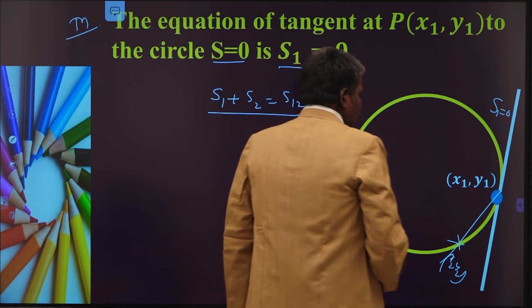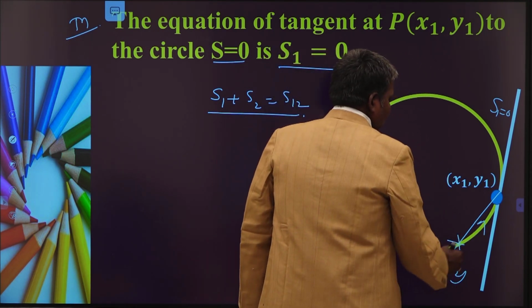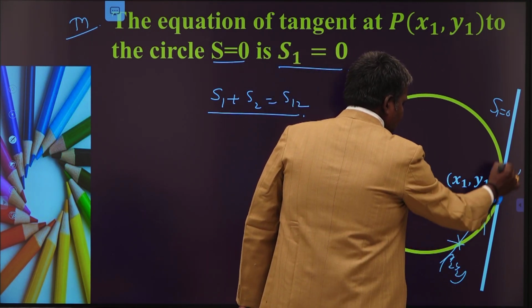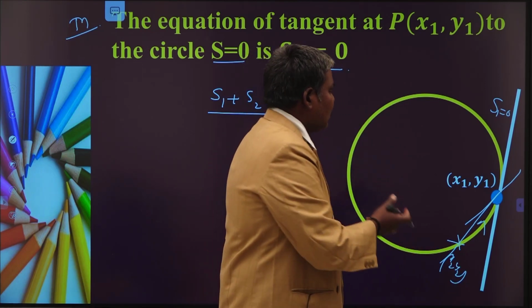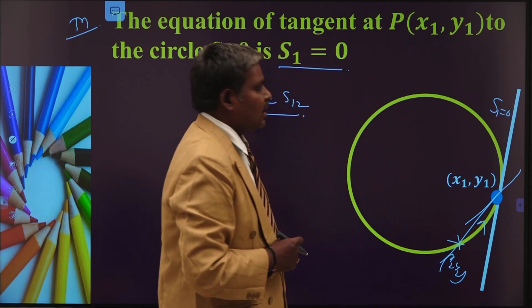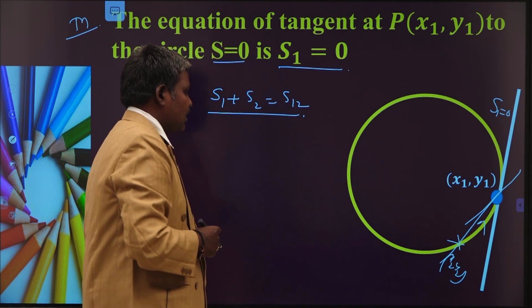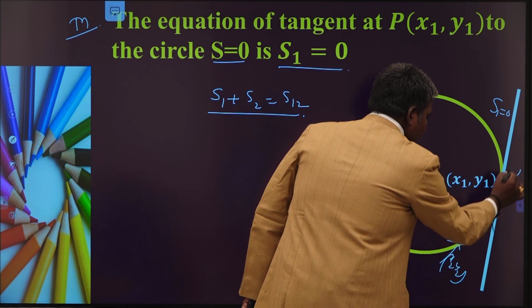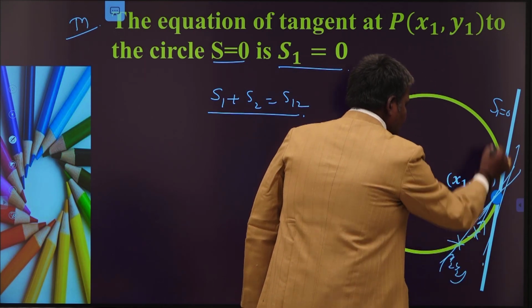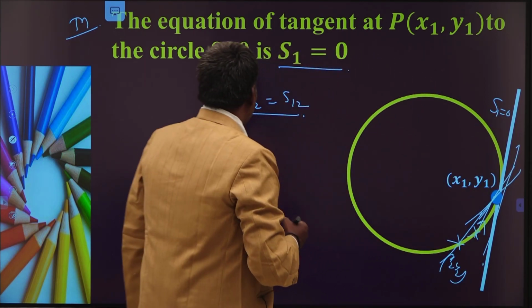When (x2, y2) approaches (x1, y1), this secant line becomes the tangent at that point. Already we discussed when the secant becomes tangent to the circle, in the previous class. So if (x2, y2) moves in this manner, after some time the line becomes tangent to the circle.